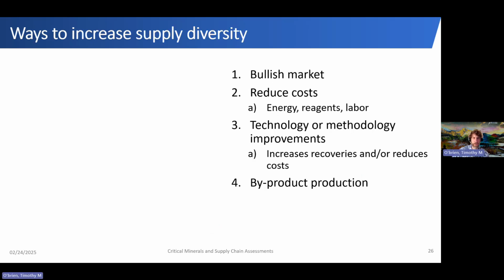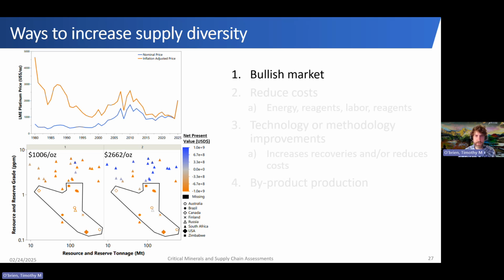So we're going to quickly run through 4 different ways that we can potentially increase the diversity of our supply. The first one is a bullish market, so basically prices increase. On the bottom, what we have is that similar tonnage grade chart, but I've split it up into 2 different platinum prices.